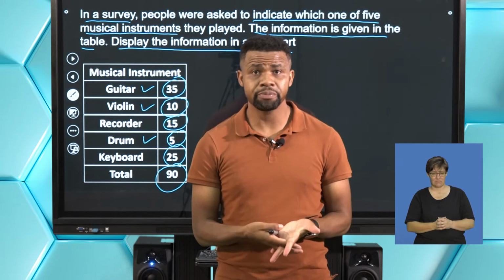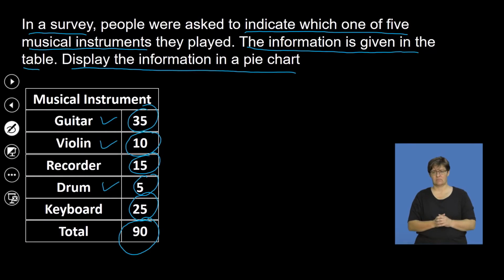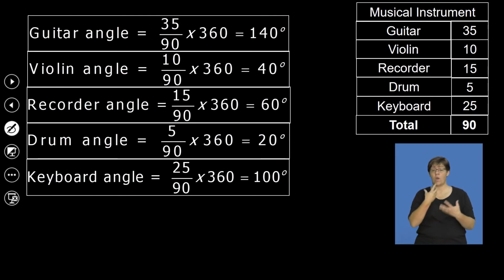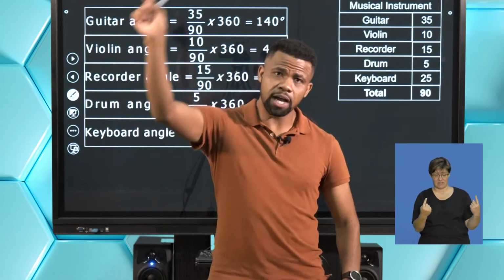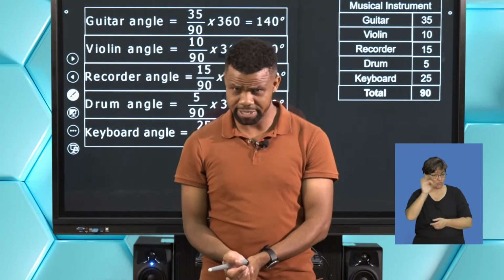Then how do we represent this in a pie chart? What we have to do is to calculate the angle for each and every instrument. Remember that a pie chart is a circle, and angles around circles add up to what? 360 degrees. Does that make sense?